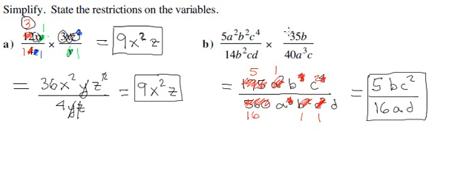Let's see, 5 and 40 are both divisible by 5, so we'll do that right away. 5 divided by 5 is 1. 40 divided by 5 is 8. Here's another one. 35 and 14 are both divisible by 7. 35 divided by 7 leaves 5. 14 divided by 7 leaves 2.